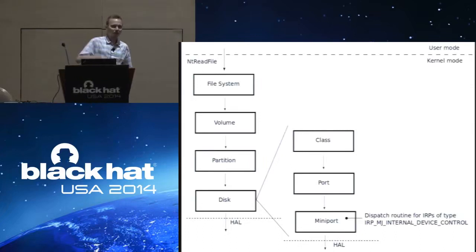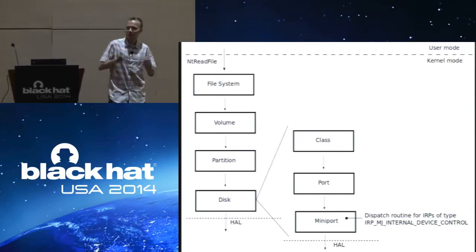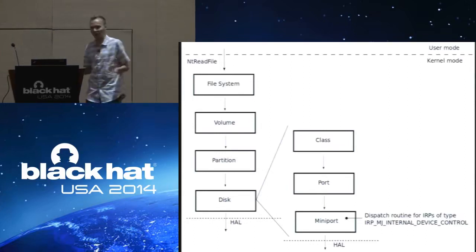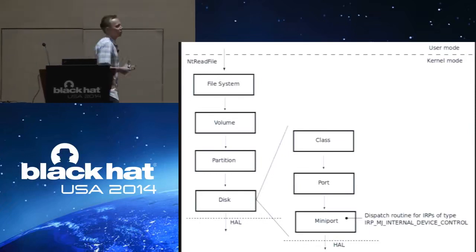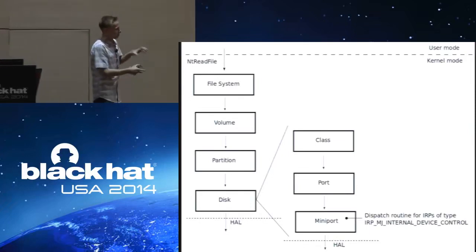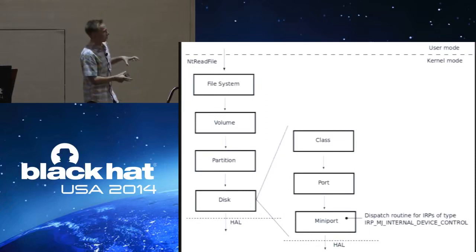As the request goes down the chain, it will go through various subsystems, right? The request will be sent down using an I/O request packet, an IRP. Eventually, it will end up in the disk subsystem, which sits just on top of the hardware abstraction layer.